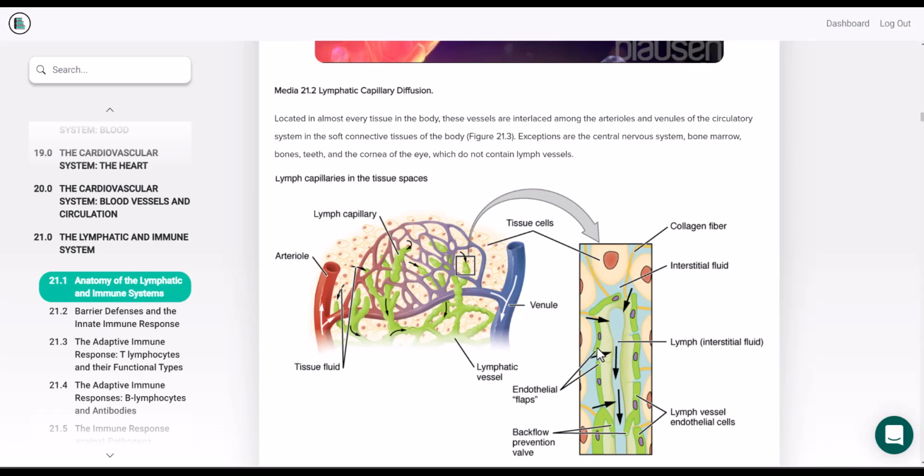And in capillaries, those cells are held together quite tightly. But in the lymphatic vessels, these endothelial cells are very loosely arranged, creating these flaps or these opportunities for fluid to enter into these sort of dead-end lymphatic capillaries. And these valves, similar to the valves that are found in veins, prevent backflow.